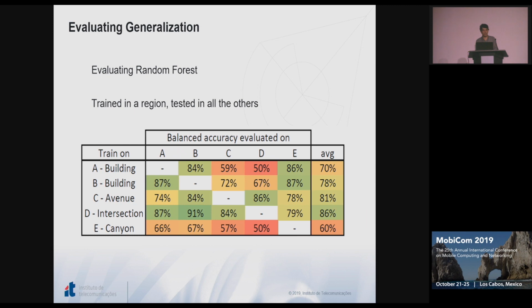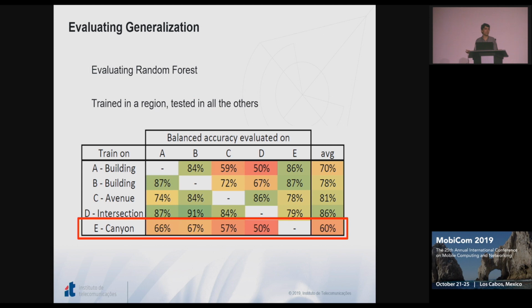Then we evaluated how well the classifier generalizes. To do this, we trained the random forest classifier on a single region's data set and saw how well it can classify all of the remaining regions independently. From this table, you can see that the data set trained on the first region, which was an extreme case of a very huge data set, got somewhat good results in some regions, but very bad ones in other regions.